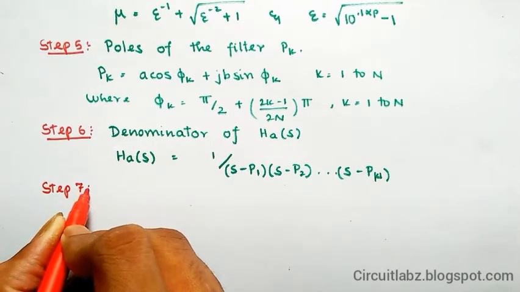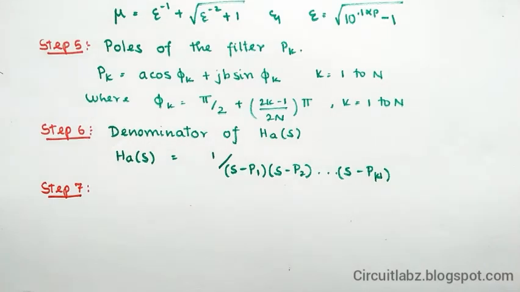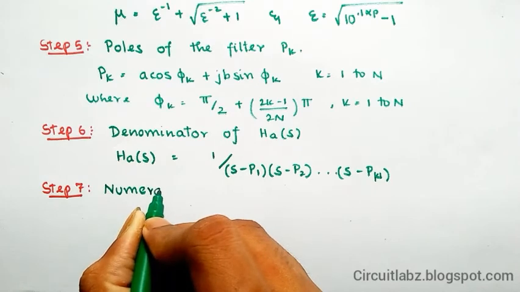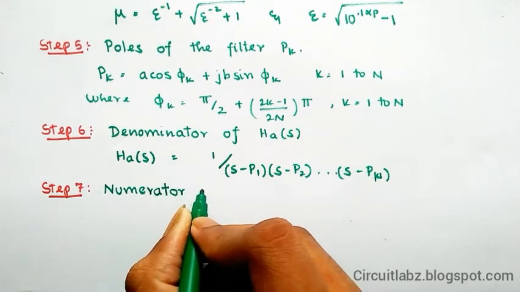Now we move on to step 7. In this step we will find the numerator of H A of S, which is the transfer function of the filter.